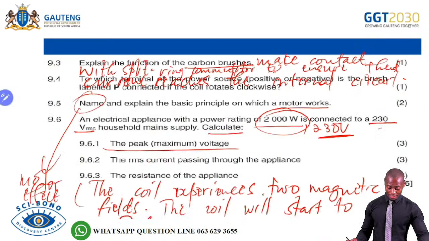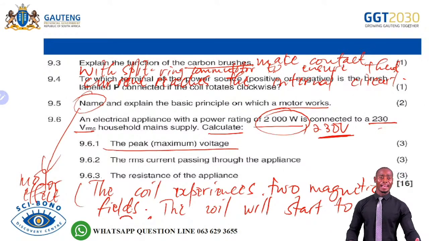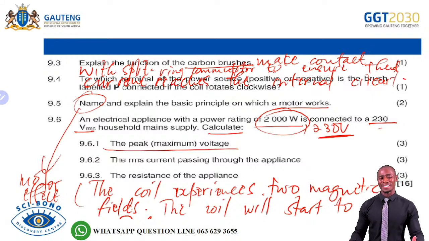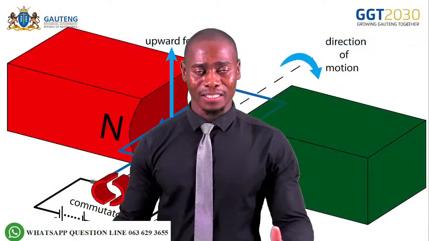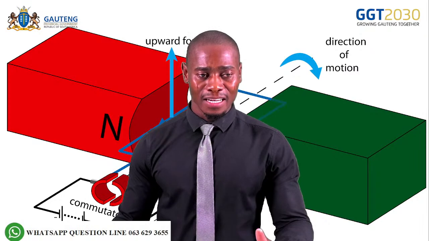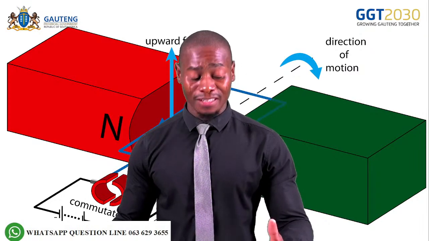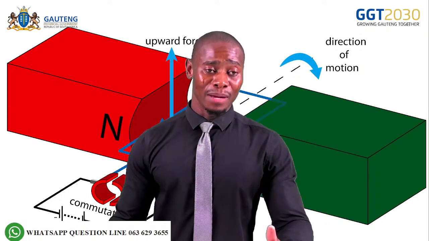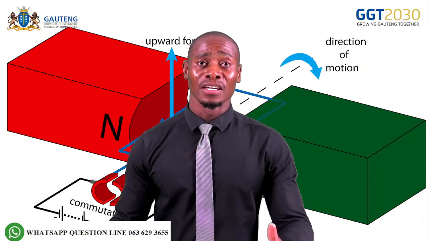So that was our last question, learners. That is your electrodynamics, question 9. It's not a difficult question. We are expecting you to get all those marks. You have seen how easy the questions are. But sometimes these questions need your thinking.